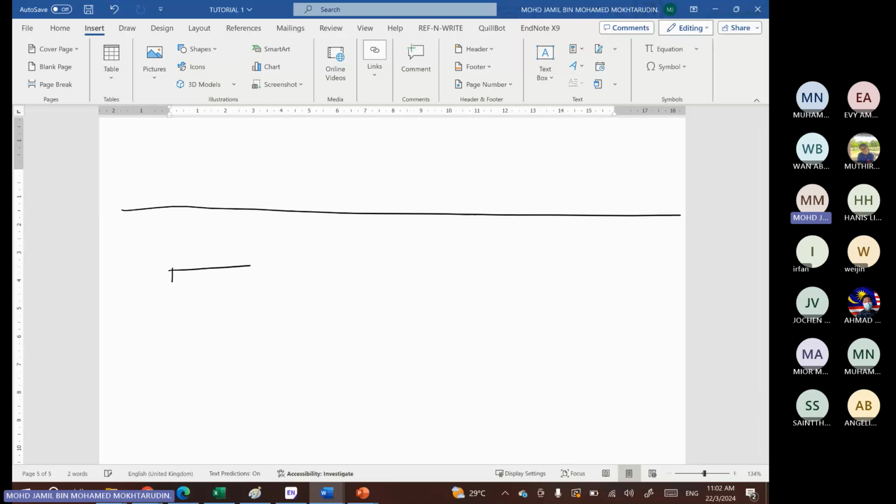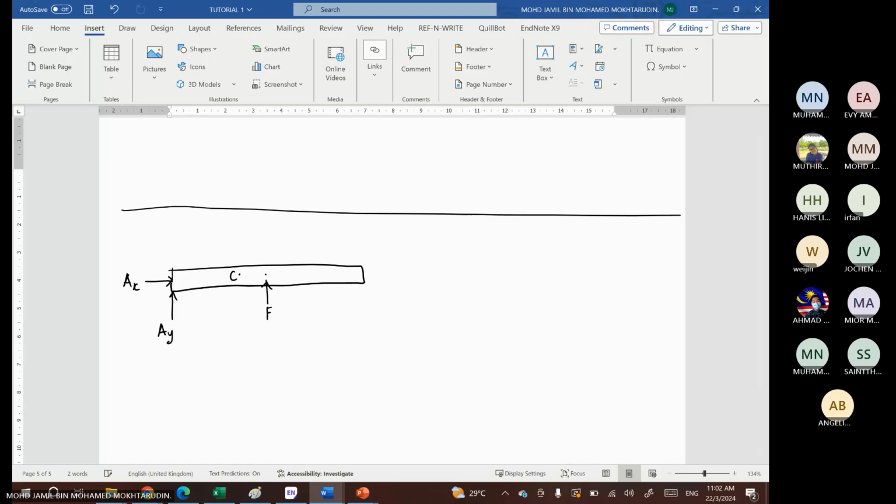So we have the beam, and then AX, AY, and we have point C, we have point B, so we have FBDY, FBDX.